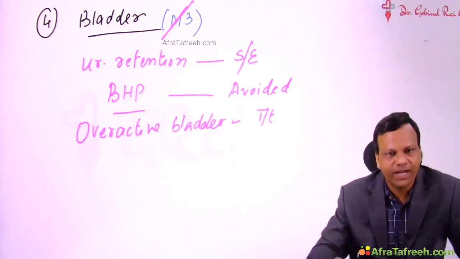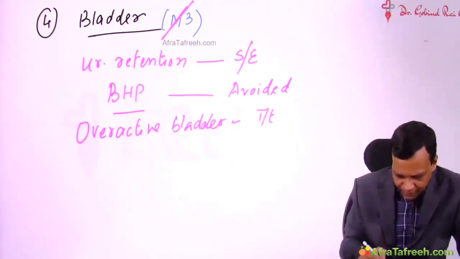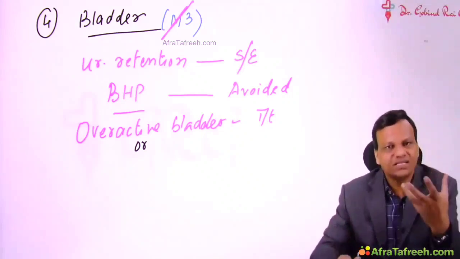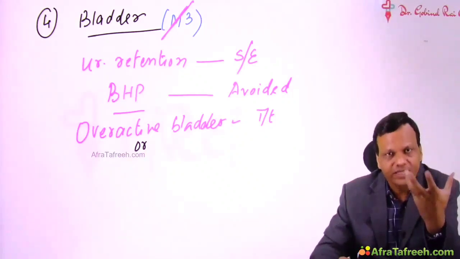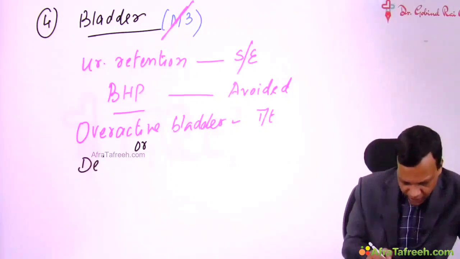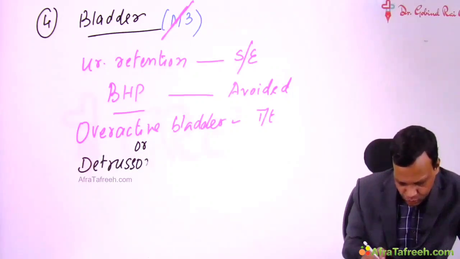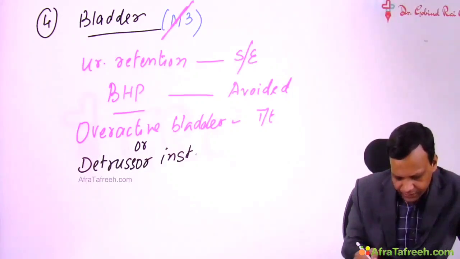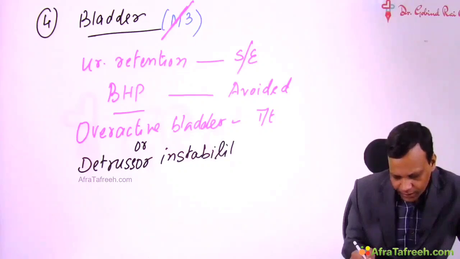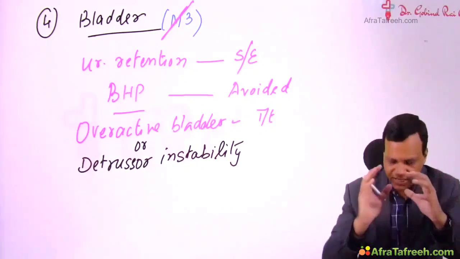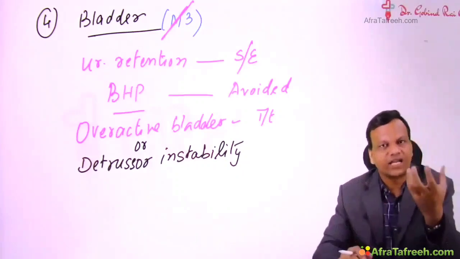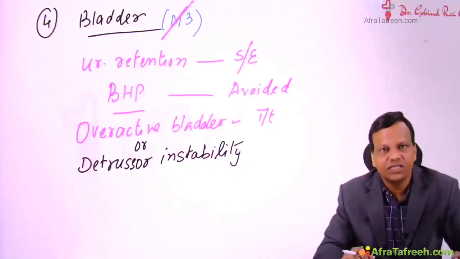Indication is the overactive bladder, and overactive bladder mainly means its muscle is working more than required. And what is the muscle of bladder? Yes, detrusor. The other name of overactive bladder is detrusor instability. Detrusor is not stable, and when the detrusor is not stable, it is contracting without purpose. What will be the clinical feature?